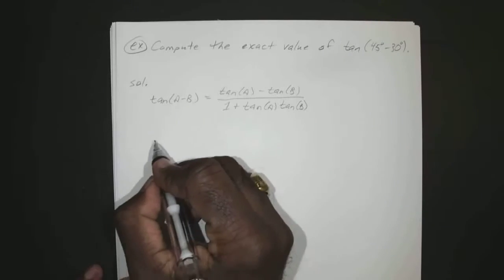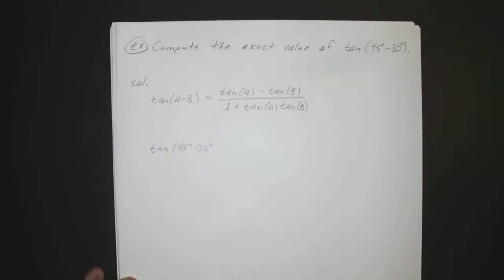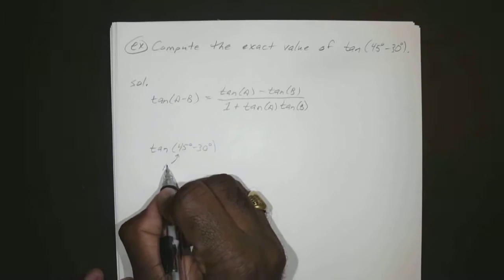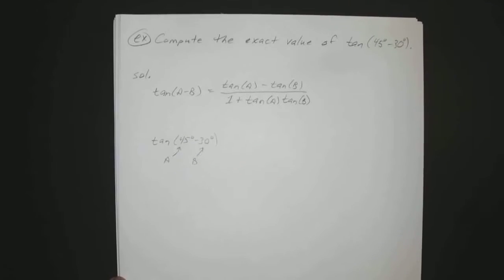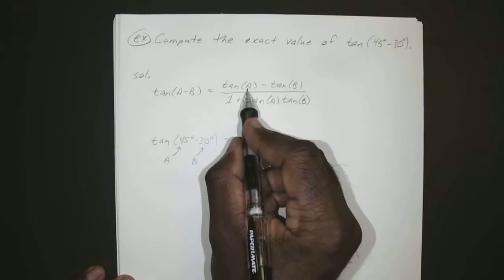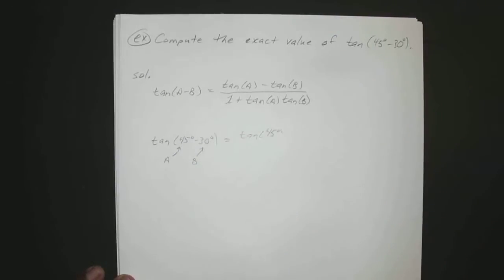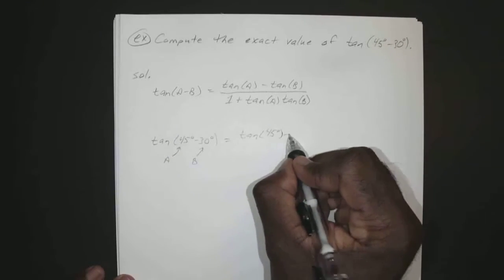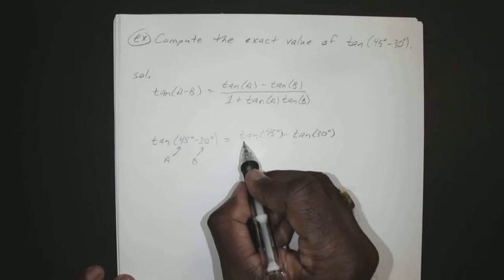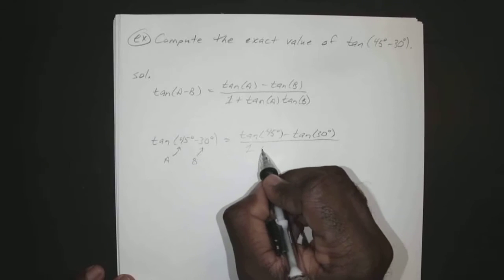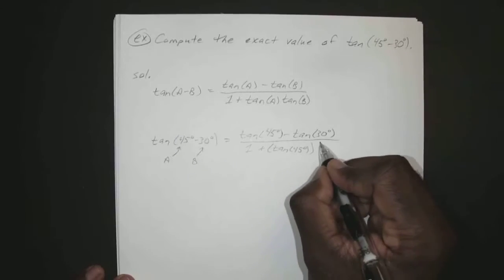Okay, so if we have our tangent of 45 minus 30, we let our 45 be our A, and our 30 degrees is our B. So that's going to equal tangent of 45 degrees minus tangent of 30 degrees, divided by 1 plus tangent of 45 degrees times tangent of 30.